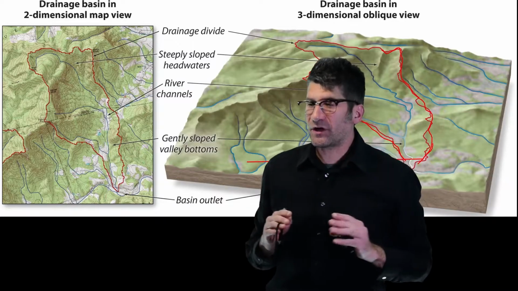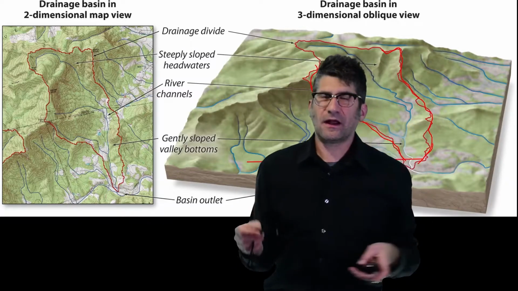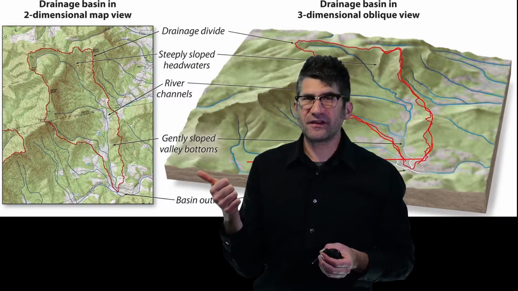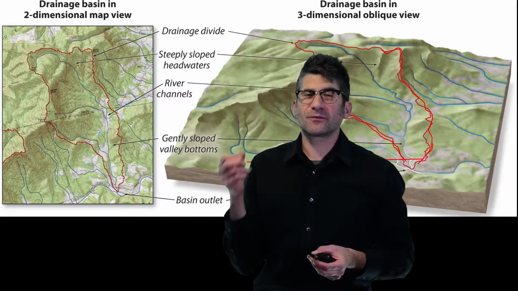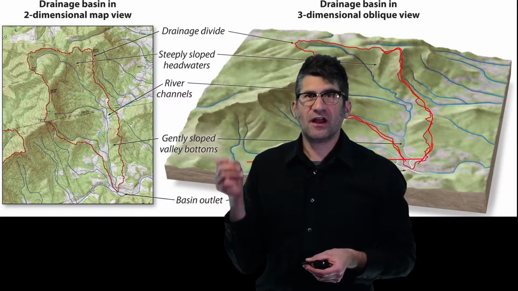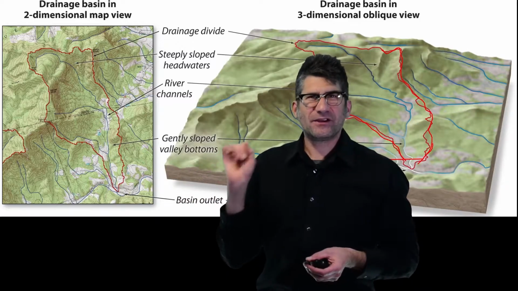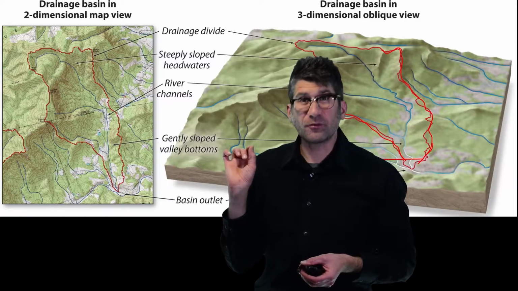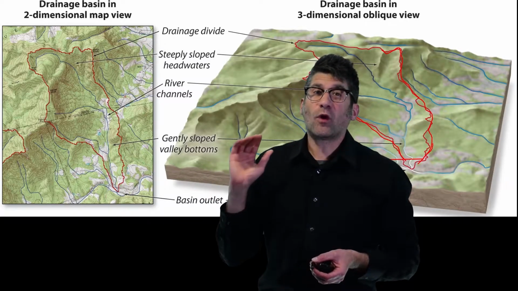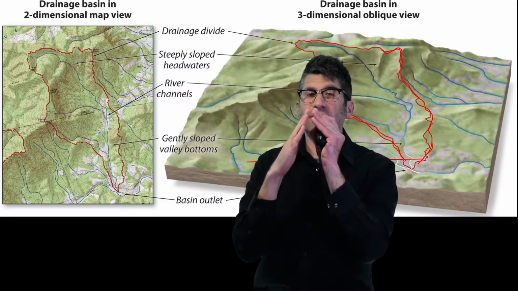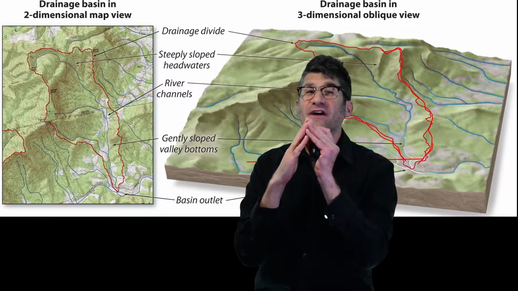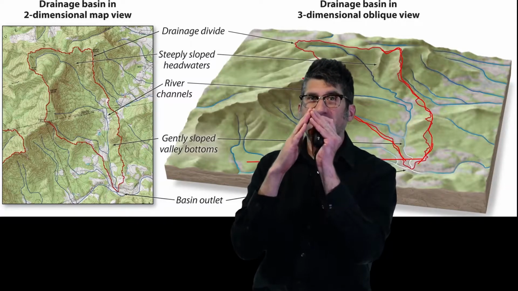Some other terminology here I do want to highlight. You might hear the term watershed. A watershed is synonymous with a drainage basin. Another way you might hear watershed used is that a watershed can also apply to the boundary, that drainage basin divide. And that's where the term watershed moment comes from, like an important moment.